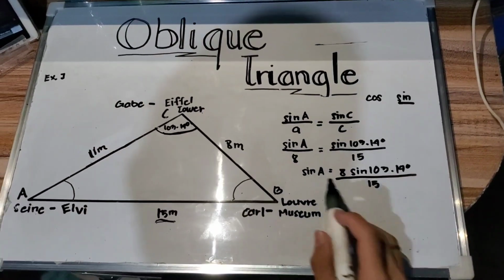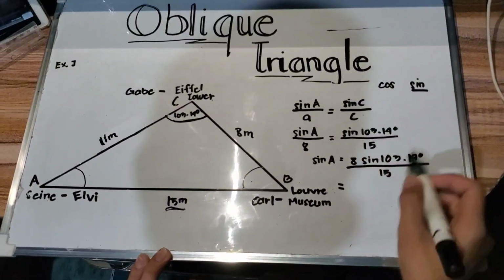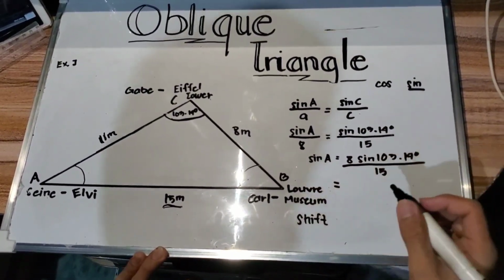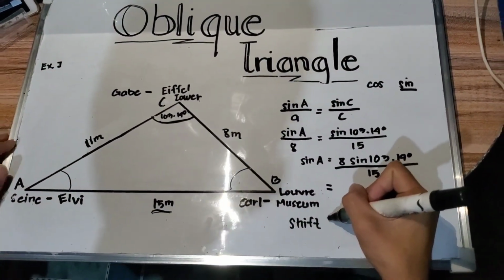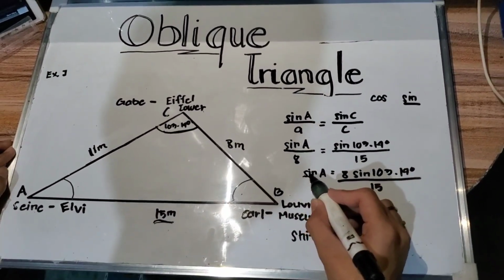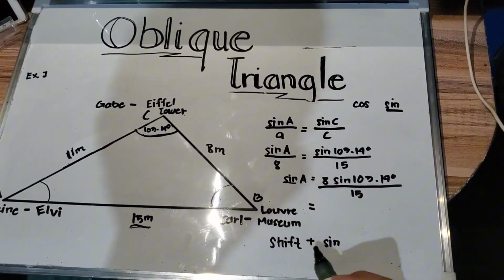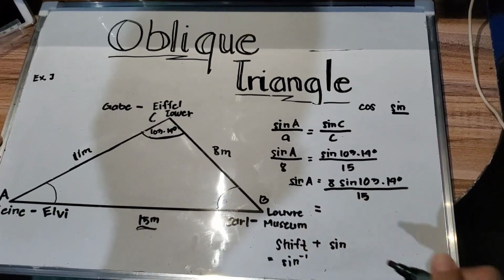So the next step is to put this equation in your calculator, but don't put it in right away. You need to push the shift button, because if we're going to find the value of an angle, we need to push shift plus the ratio that you are using. The ratio that we're using is sine. So if you push shift plus sine, you're going to achieve sine negative 1.